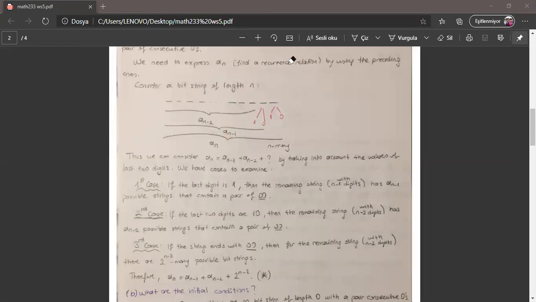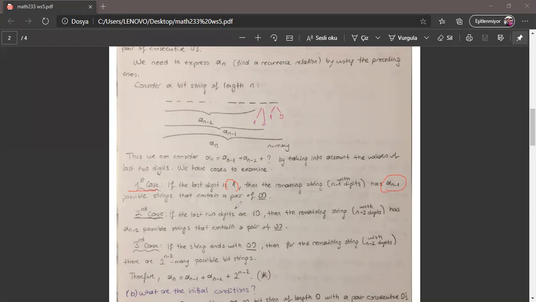So what if the last digit is not 1? We did this case: if it's 1, we have a sub n minus 1 many possible strings.